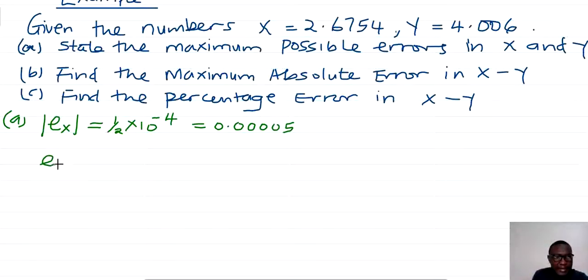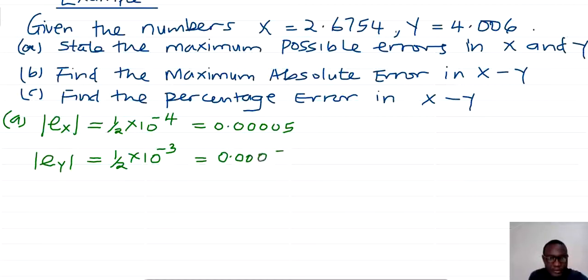Then the error in y is a half times 10 to the power negative the number of decimal places. So this here is power negative 3. When you compute there, the error in y is 0.0005. So part A is done.